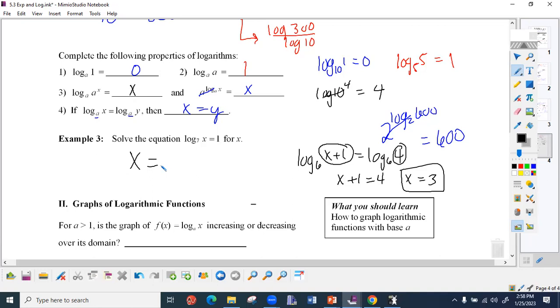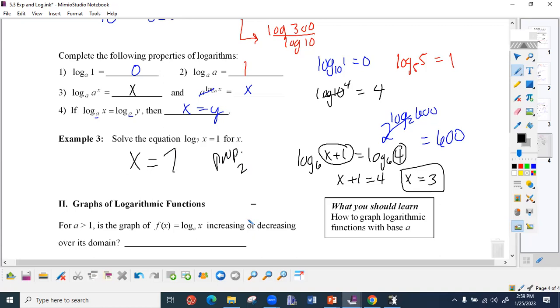Looking at my properties, which one produces 1? Okay, using property 2. So in property 2, in order to get 1, what has to be my base and my argument? 7. 7, because they have to be the same. Okay, and this is because we use what property up there? 2.